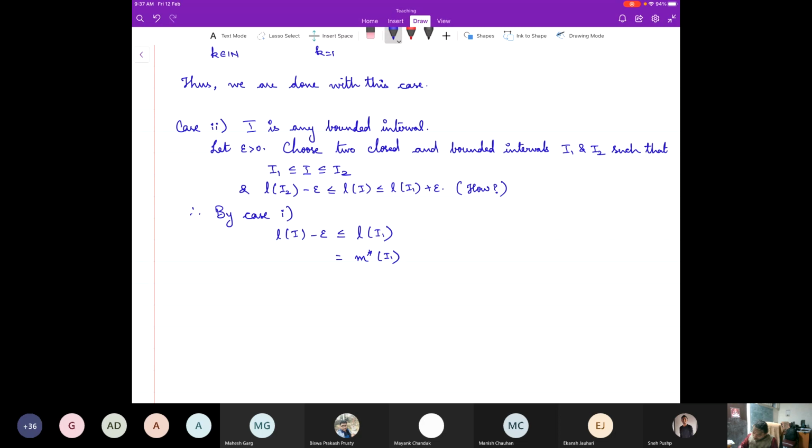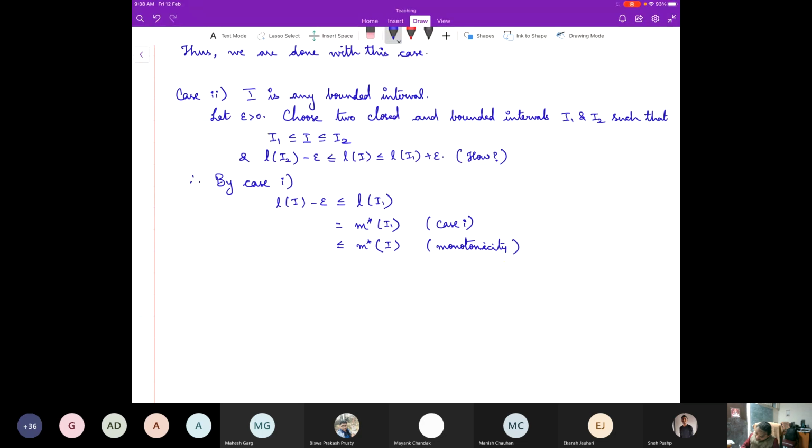And I1 is contained in I, therefore this is less than or equal to, use the monotonicity, m star of I. So this is from case 1, and this is from the monotonicity of m star.